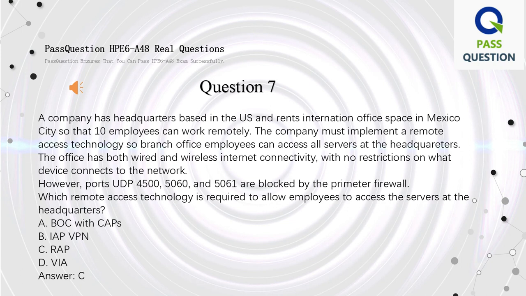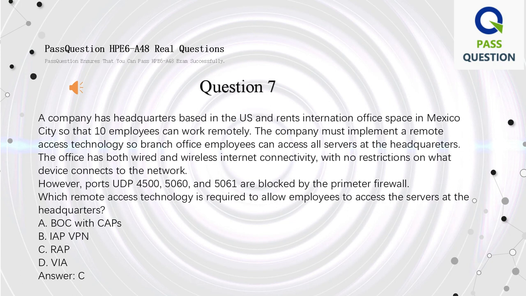The office has both wired and wireless Internet connectivity, with no restrictions on what device connects to the network. However, ports UDP 4500, 5060, and 5061 are blocked by the perimeter firewall. Which remote access technology is required to allow employees to access the servers at the headquarters?